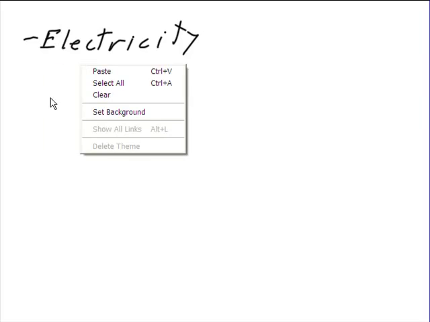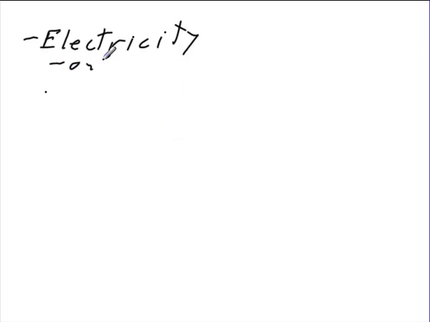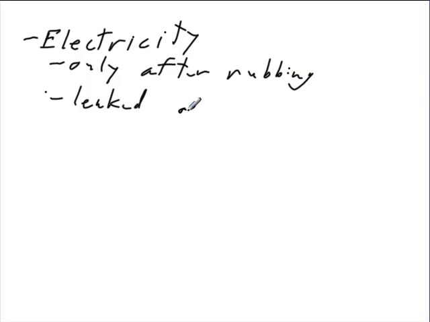Okay, let's compare magnetism and electricity. Remember, we found that electricity showed up only after rubbing, and leaked off. Magnetism can be permanent.